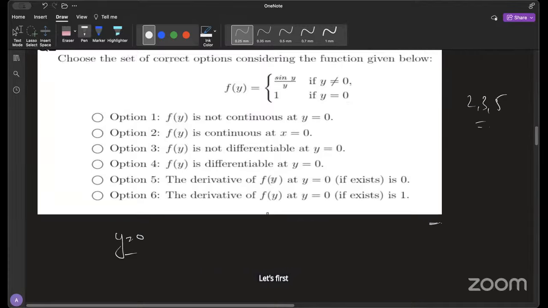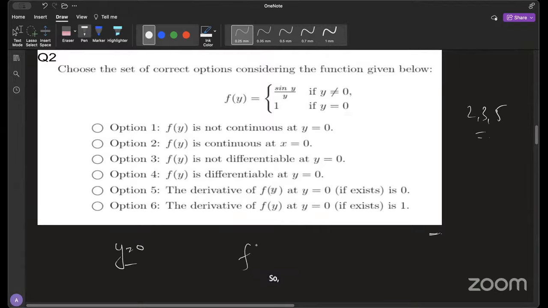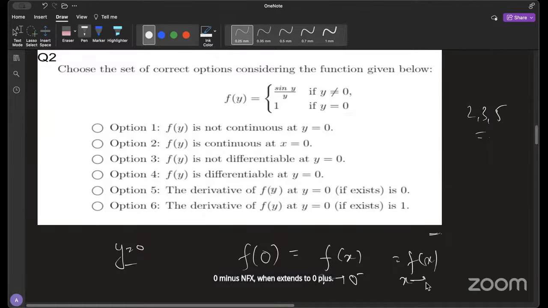Let's first do the continuity part. So your f(0) is 1, right? For continuity, you want f(0) equals f(x) when x tends to 0 minus, and f(x) when x tends to 0 plus, right?